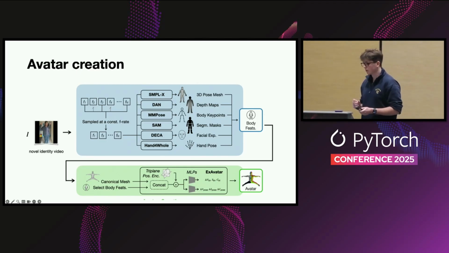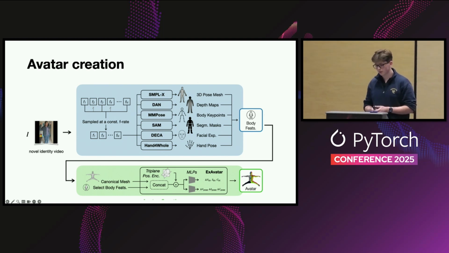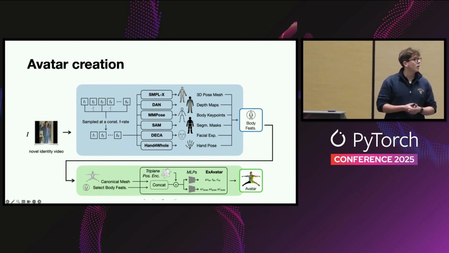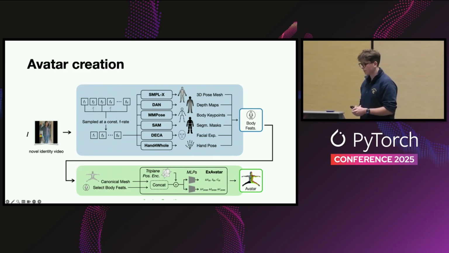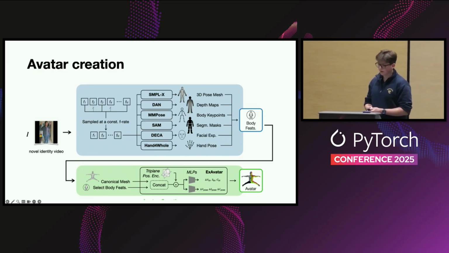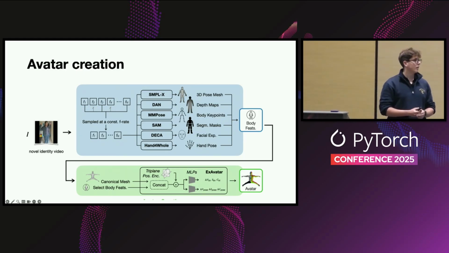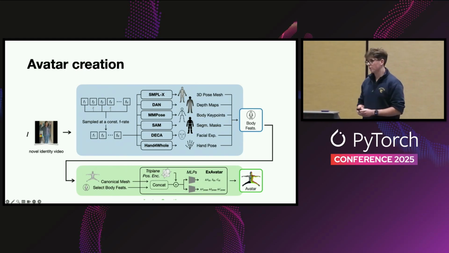So we have accurate hand gestures, and we combine all of this into a single tensor, basically, and we call it body features. And then we train a neural network to correctly map the texture on the 3D avatar of the person.